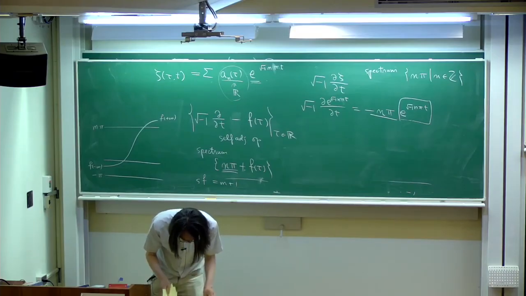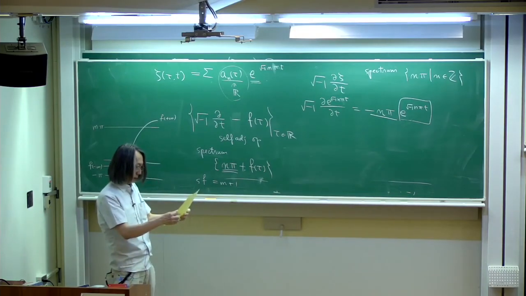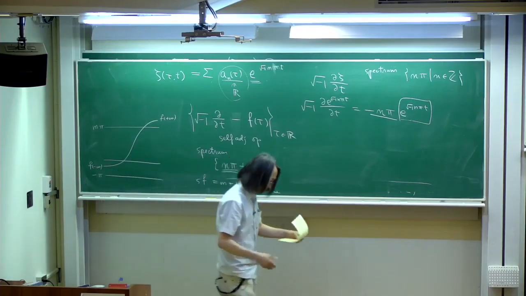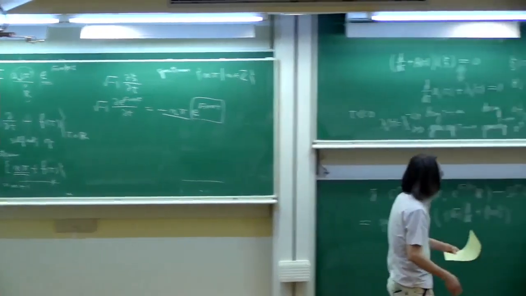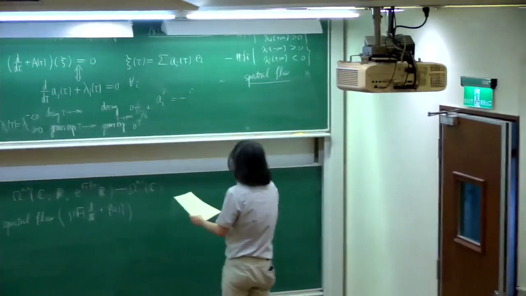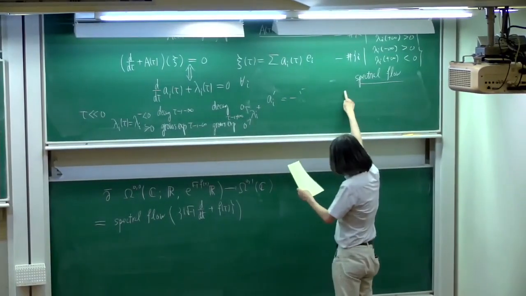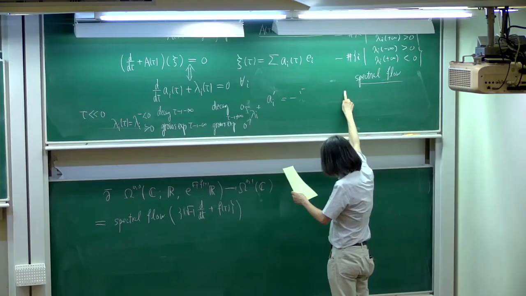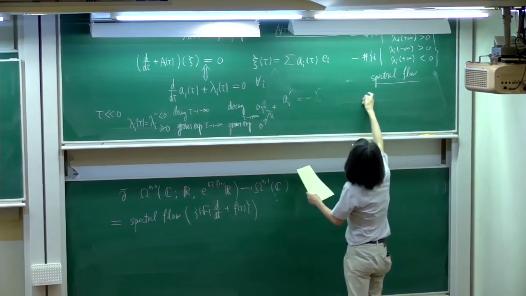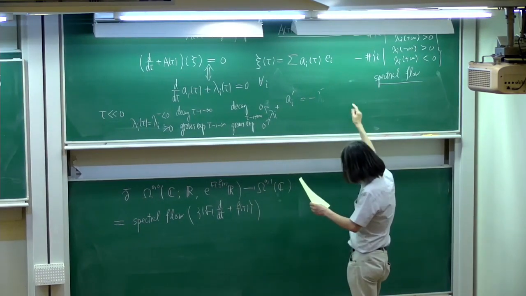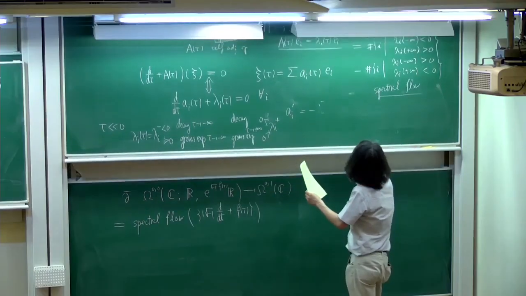In my computation, I have a negative sign of this for some reason. What I wrote here is actually the negative spectral flow.